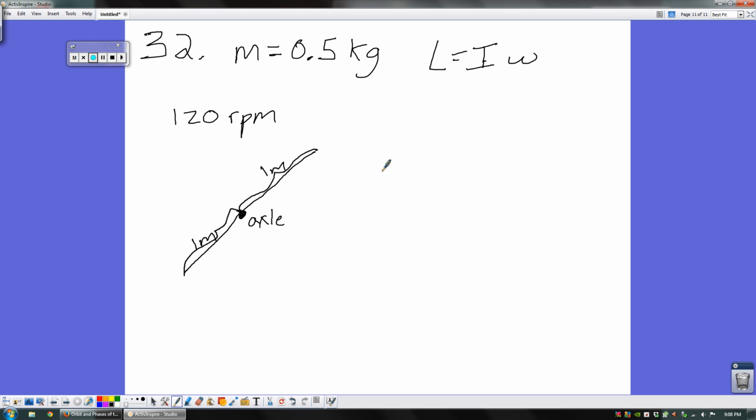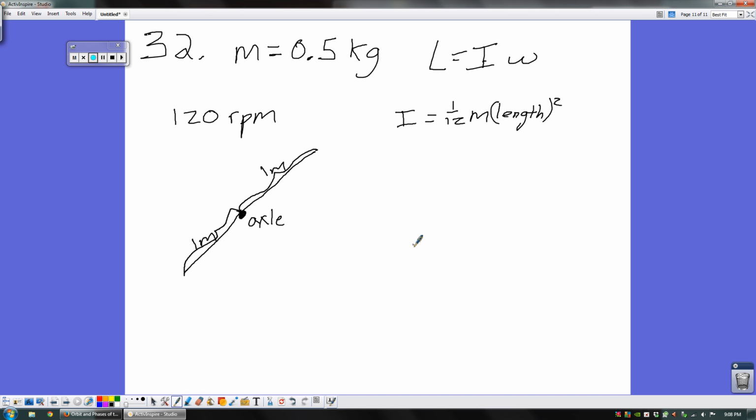This is not a point mass rotating around an axis, so I'm going to check my data table on page 216. A thin rod about its center, that's the first one. The moment of inertia in this case is given by 1/12 m, the total length, squared.